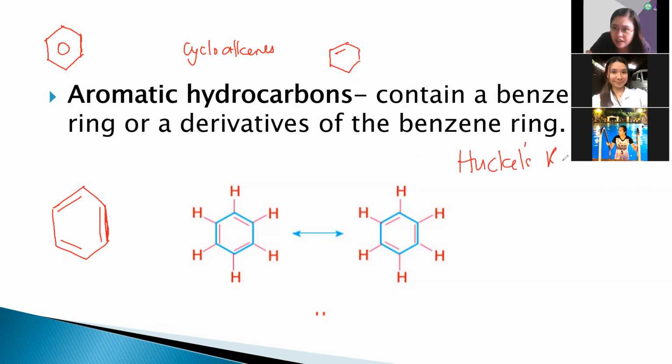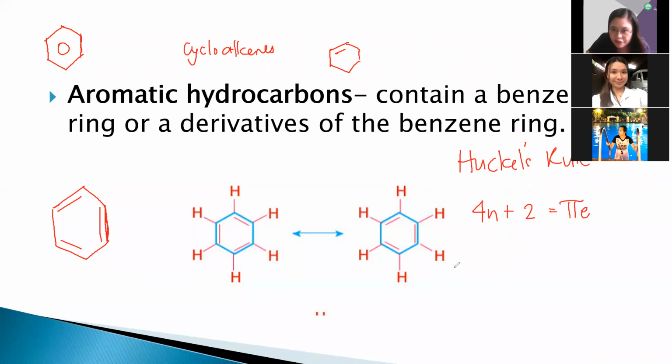So sa Huckel's rule, meron tayong formula na ginagamit, 4n plus 2 equals pi electrons. Again, 4n plus 2 equals pi electrons. That is our formula for the aromatic hydrocarbons. Let's have the benzene first as the example. Let's use Huckel's rule to really confirm that it is an aromatic hydrocarbon.